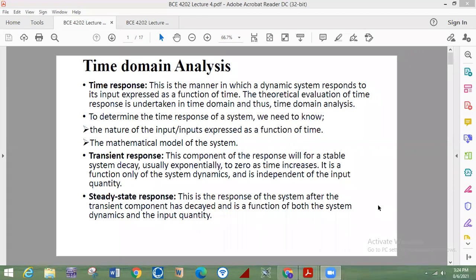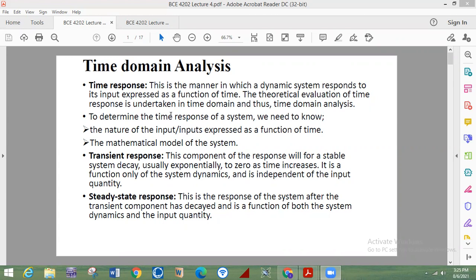So the manner in which a dynamic system responds to its input, expressed as a function of time, is what we call time response.